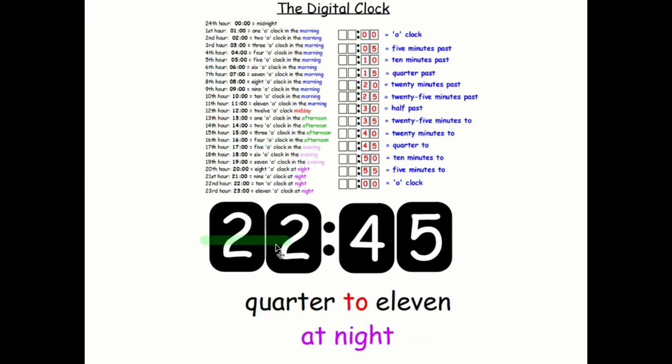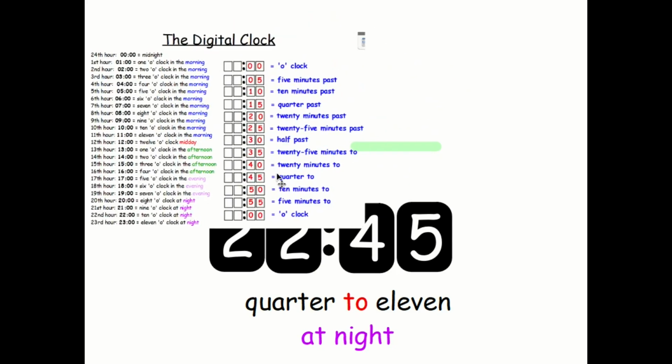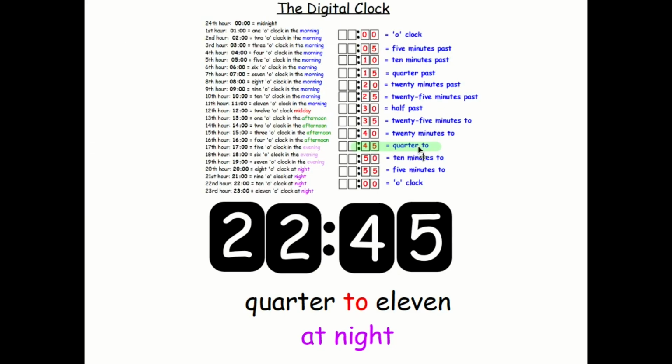Here we've got 45 this time, so it's quarter to, but it's not quarter to 10, it's quarter to the next hour, which is 11. So it's quarter to 11 at night. Even though it says 22 there, it's quarter to the next hour after 10, so 10:45 at night.